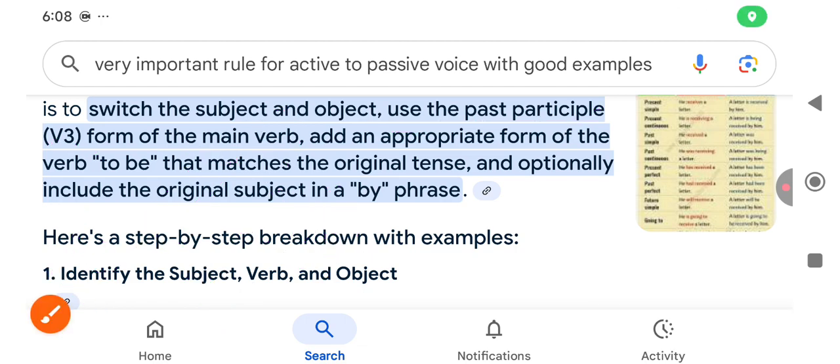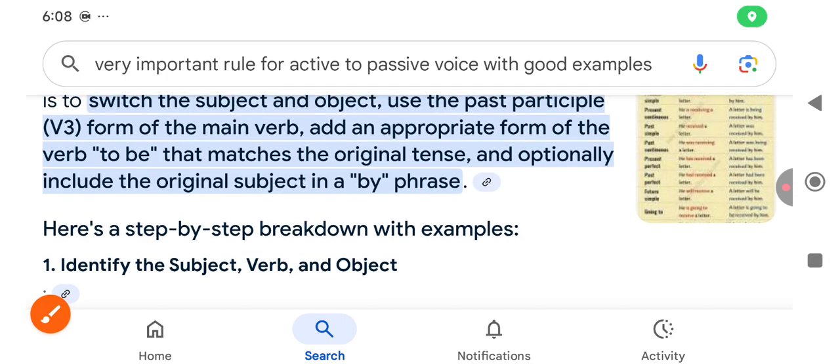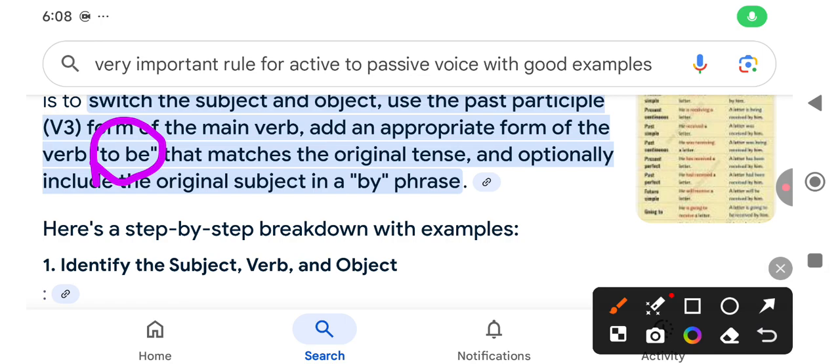So this is another rule: form of the main verb, and add an appropriate form of the verb to be. Very important, right? So that's the to be. What comes under to be?